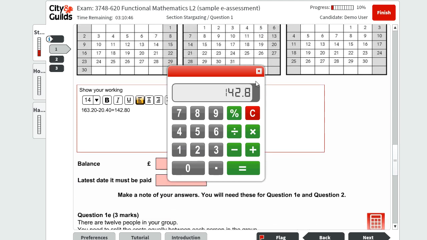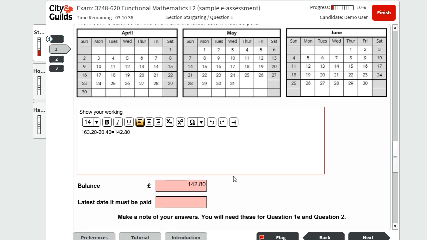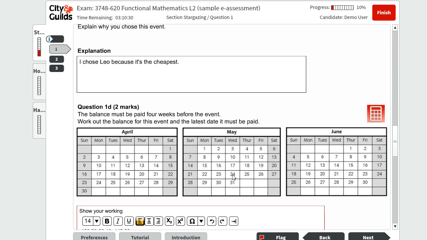The latest date it must be paid. Let's get rid of the calculator. Latest day, 4 weeks. So let's find out the date that the event is going to take place: the 24th of May. We can find it right here. Now we have to count 4 weeks. From the 24th to the 17th is 1 week. From the 17th to the 10th, 2 weeks. From the 10th to the 3rd, 3 weeks.